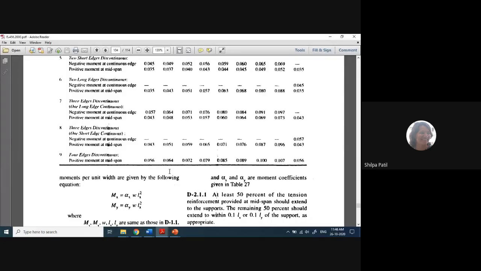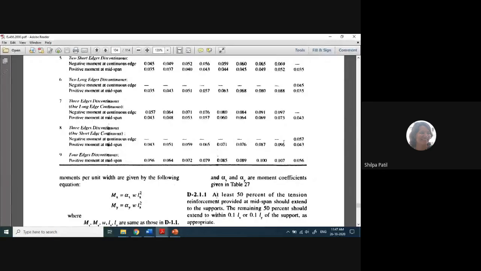Is it clear? Now suppose there are two-way slabs beside each other. Then you have to observe, for a particular two-way slab, along which edge the slab is continuous, along the shorter edge or the longer edge. Accordingly you have to choose the appropriate case. Is it clear? So for this particular problem statement we are getting the 9th case, 4 edges discontinuous.